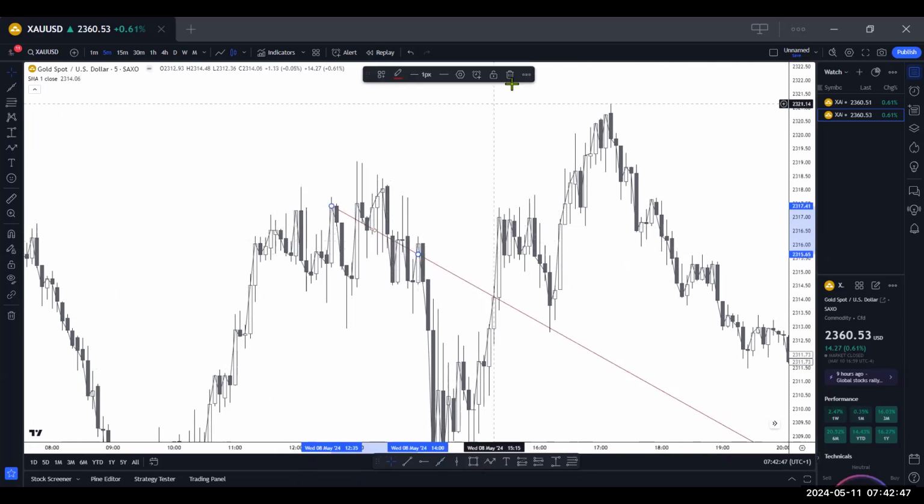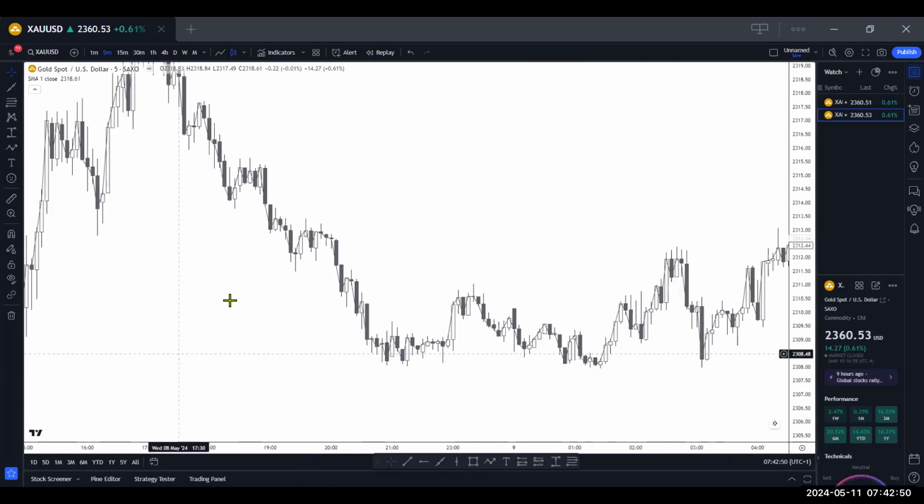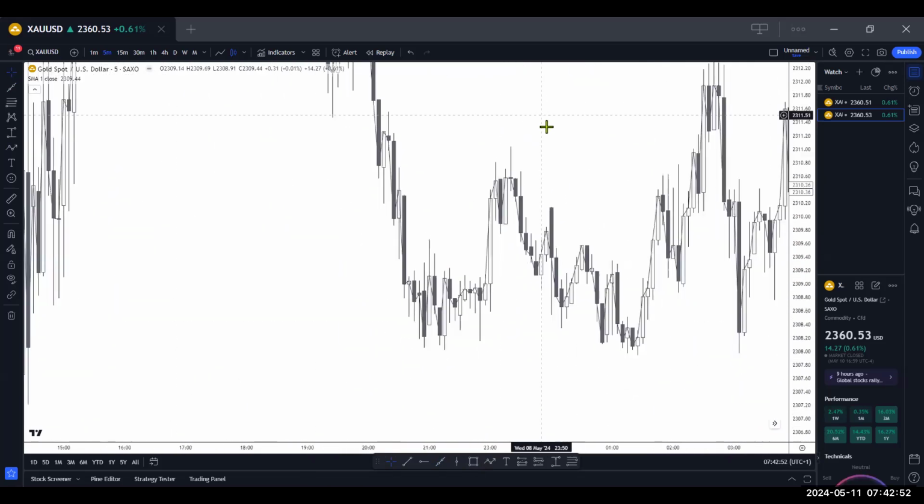Did it touch? But as per trend line, no good trend line. Okay, let's see another example.